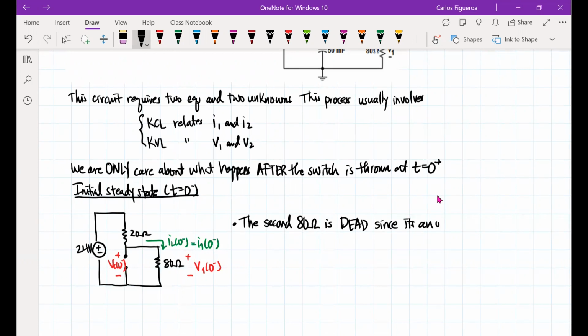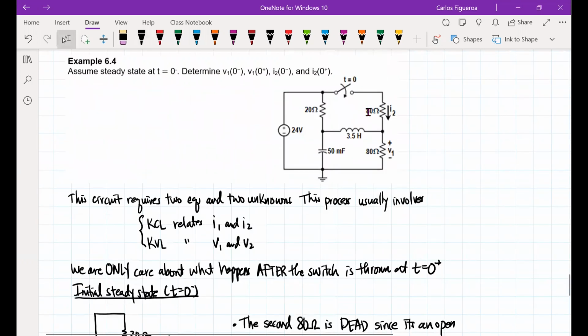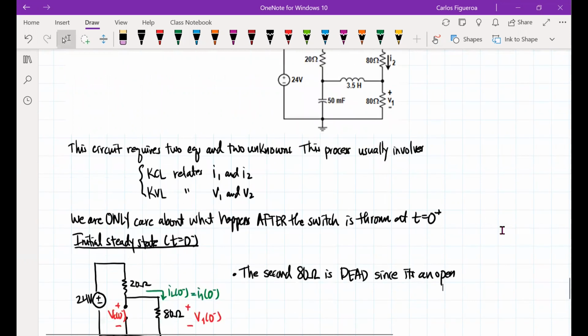since it's in open. So if I come over here, this 80 ohm resistor, which has a current I2 flowing through it, clearly tells us that because it's an open, the current through that resistor must be 0. Therefore, the voltage of that resistor has to be 0.